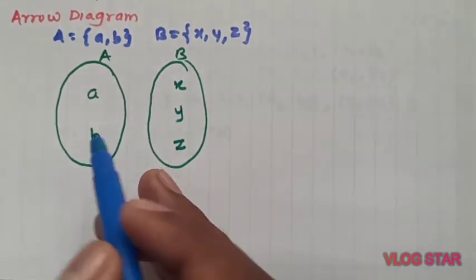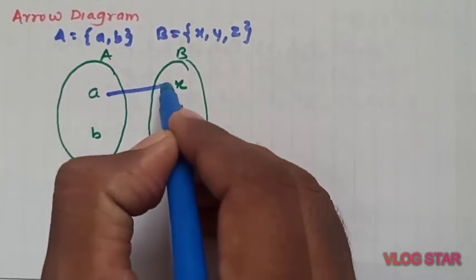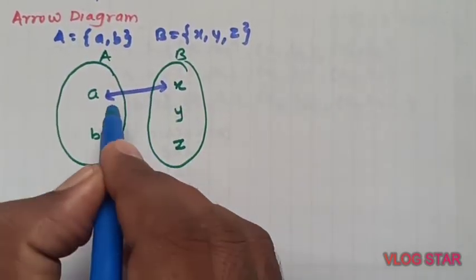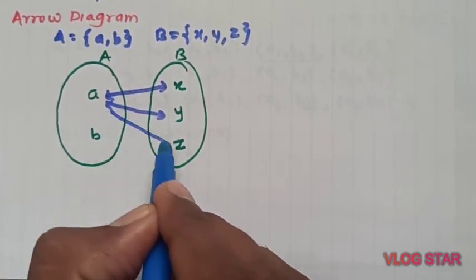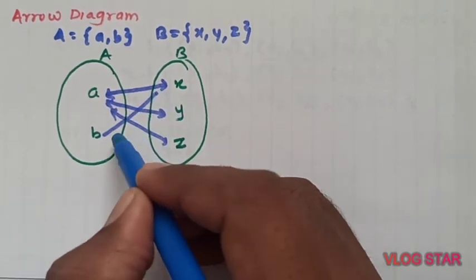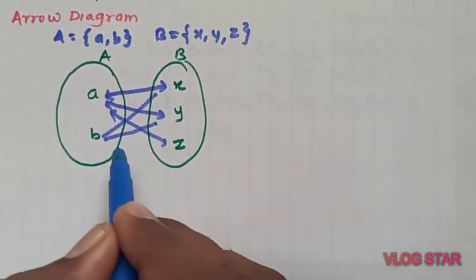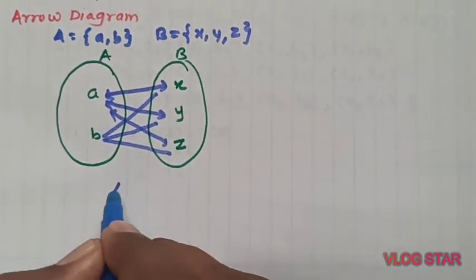Now I want a relation or I want ordered pairs. So a with x, then a with y and a with z. So a with all. Now b with x, b with y, b with z. This is called arrow diagram to represent Cartesian product A cross B.